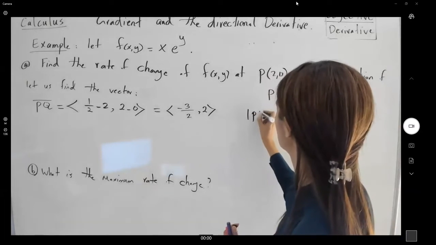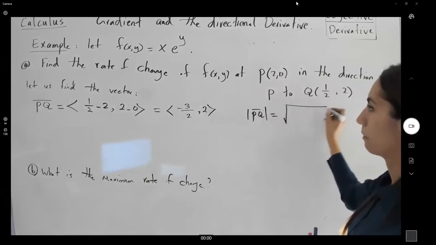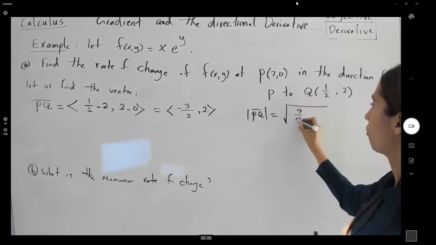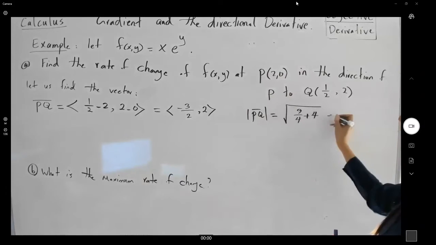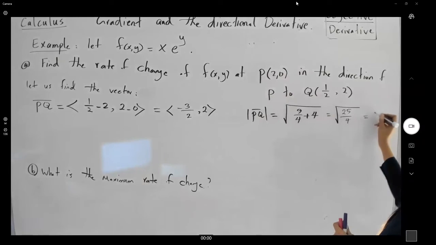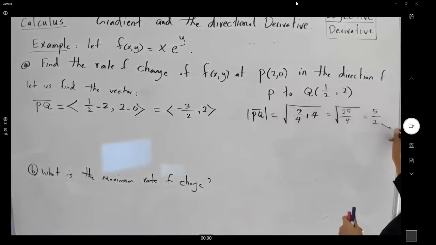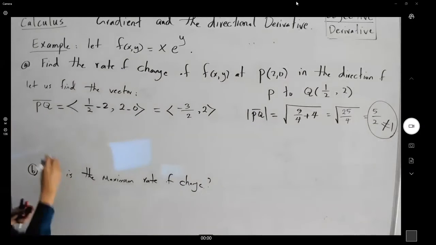Is this a unit vector? We need to find the magnitude. The magnitude is the square root of 9/4 plus 4, which is equal to the square root of 25/4, or 5/2. It's not equal to 1. It's not a unit vector. So we need to convert that into a unit vector.